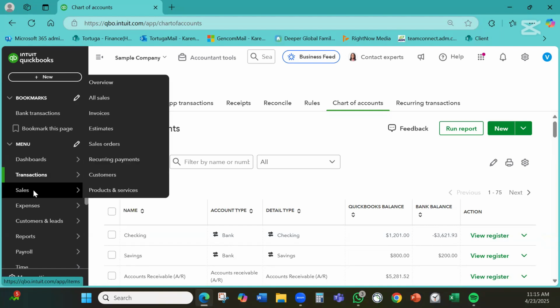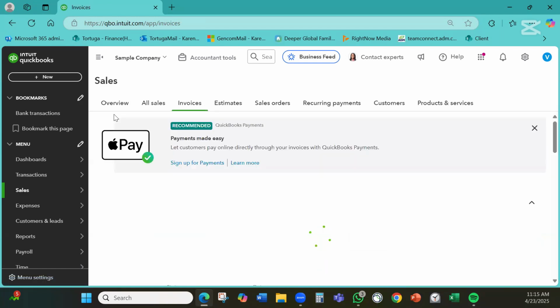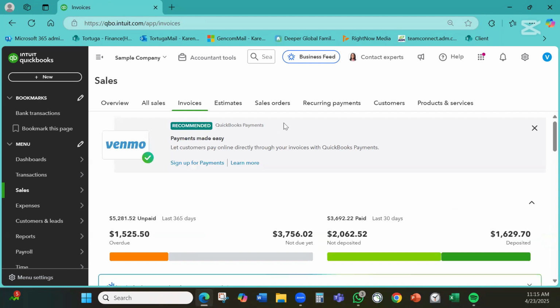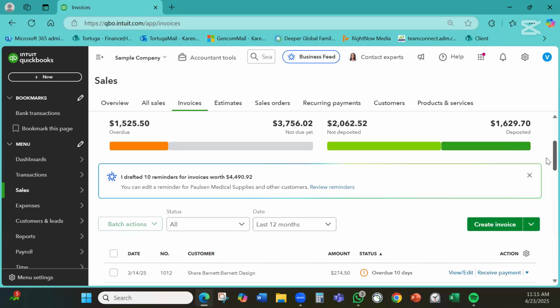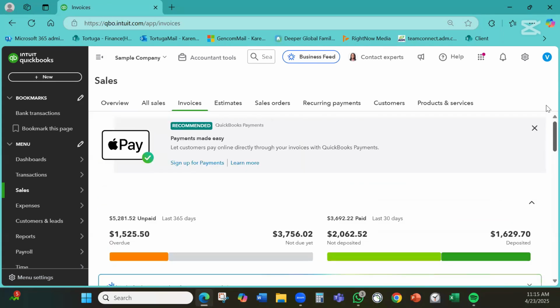You have things like your invoices. So your sales invoices, for instance, you're selling something, you go to sales invoices, right? But you need customers. One of the things I like about QuickBooks is that you can create the customer at the same time you're doing the invoice. So you don't necessarily have to go and create the customer and then save it and then come back and do the invoice.